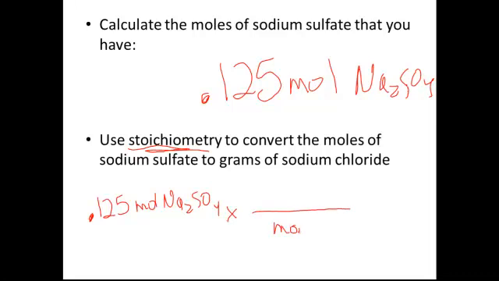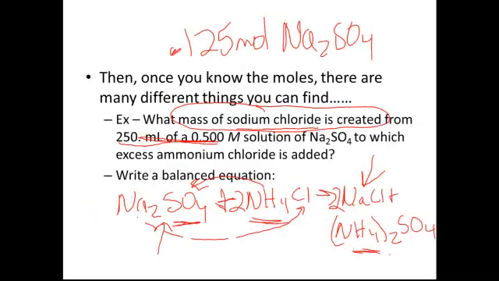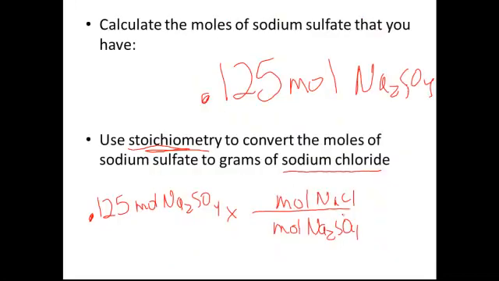So I'm going to put moles of Na2SO4 on the bottom and moles of whatever they're asking me about, sodium chloride, on the top. I'm going to go back to my balanced equation here. 1 mole of Na2SO4 is going to produce 2 moles of sodium chloride.